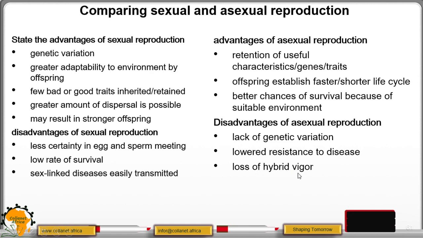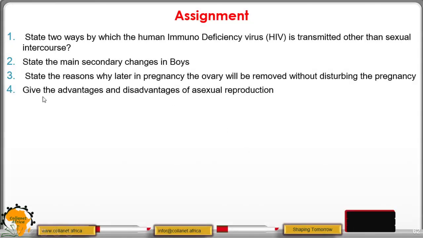Lastly, there is loss of hybrid vigor. There is no quality. Then there is competition for resources due to overcrowding, because this takes a short life cycle. That is it. We end there and go through this assignment and also do some other research.